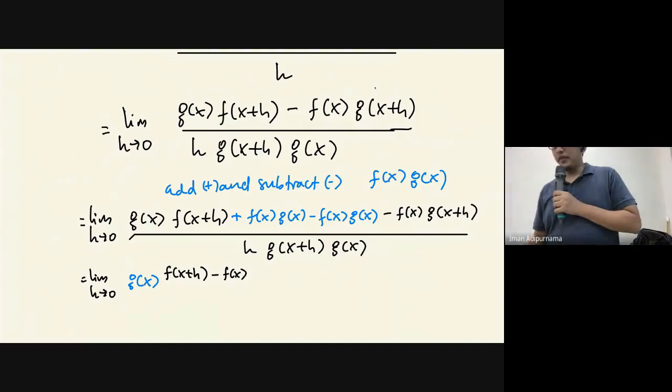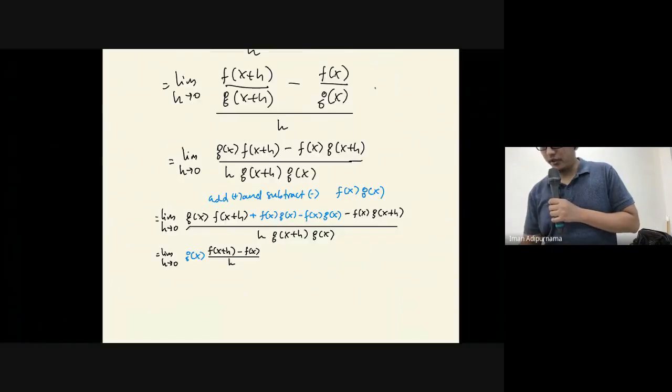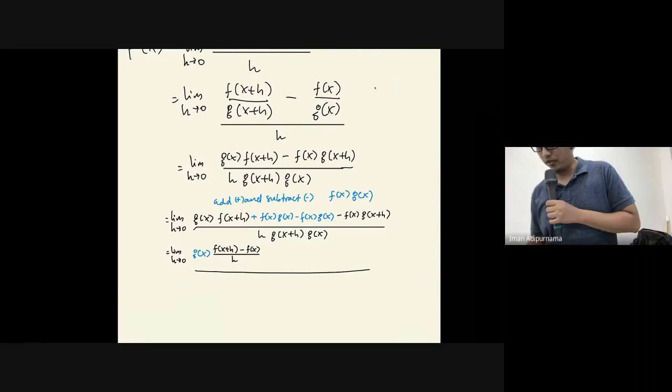Let me move the h, let me change this h going here. Let me write h here, and at the bottom we'll have a long line here.